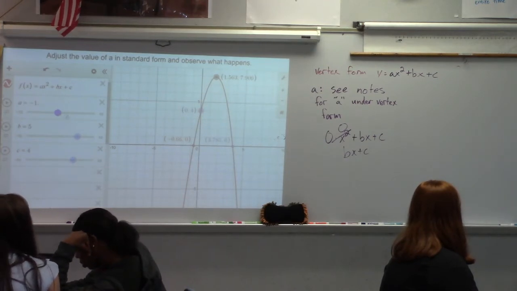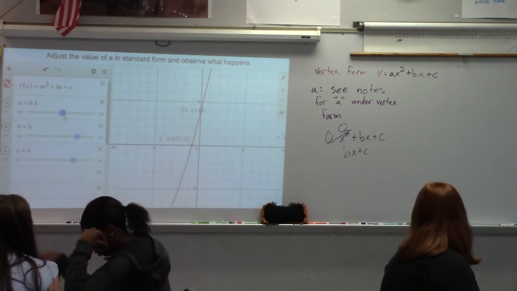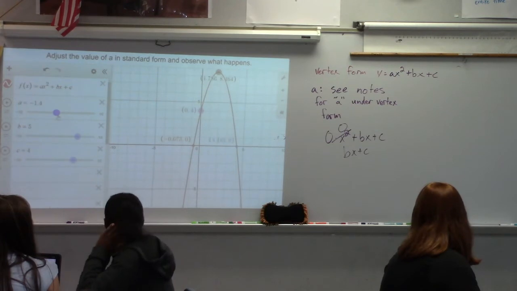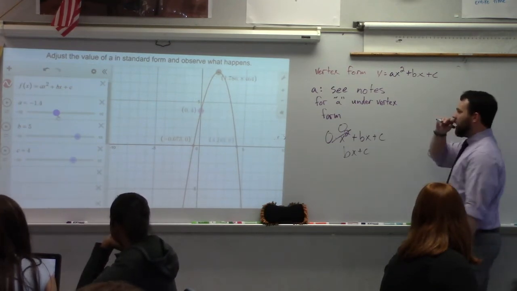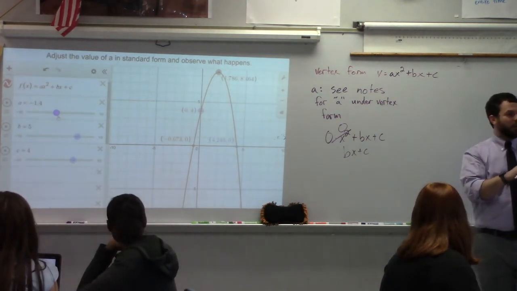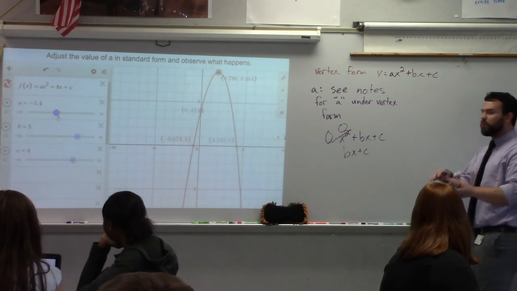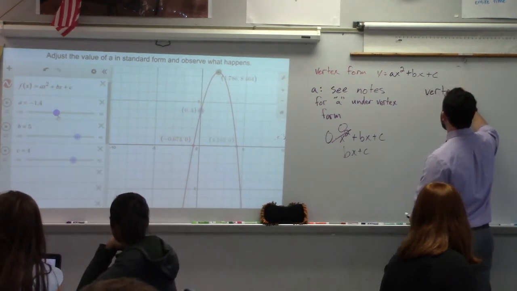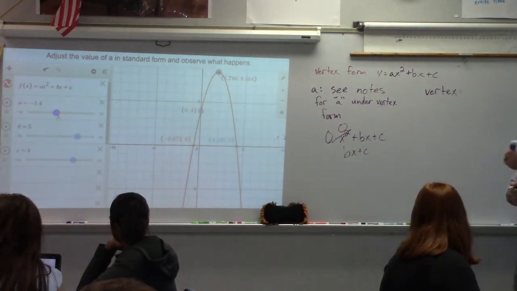It goes from quadrant 3 over to quadrant 1, and it just feels like it jumps there. So here is why. This is a detail that I know we're not going to see on our own, so I didn't have y'all explore this. But the vertex can be found from standard form.